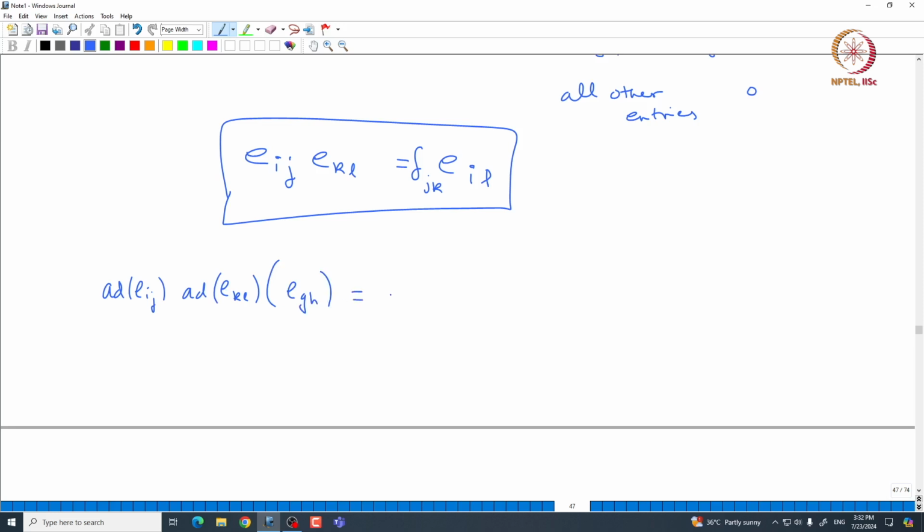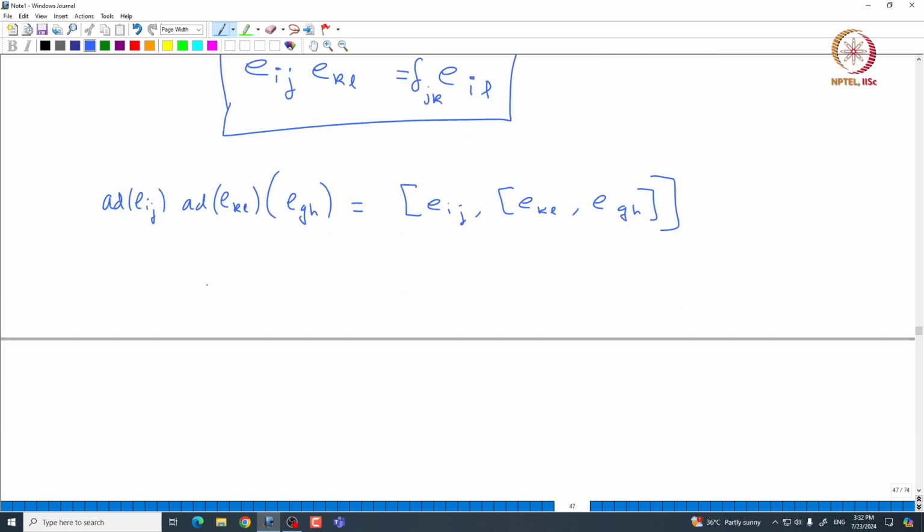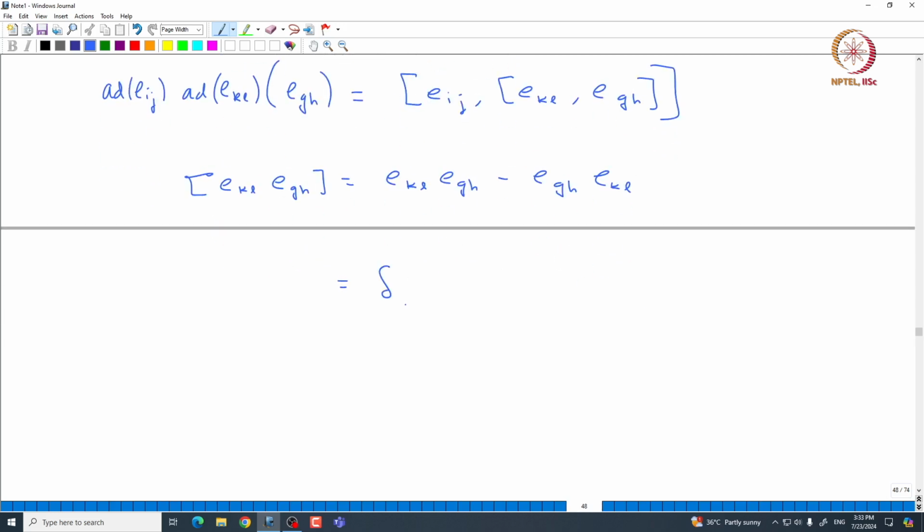We are only interested in computing the trace, so we can do the computation on the basis only. So, this is going to be exactly the bracket E_ij, the bracket E_kl comma E_gh. Note that the bracket E_kl, E_gh is going to be E_kl E_gh minus E_gh E_kl. Okay. So, this is going to be exactly delta_lg E_kh minus delta_hk E_gl.